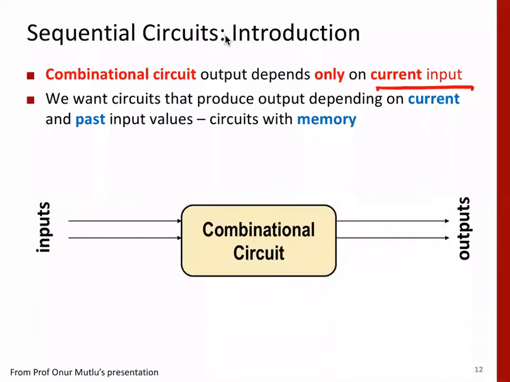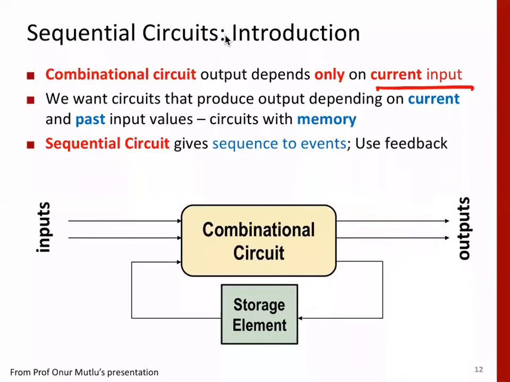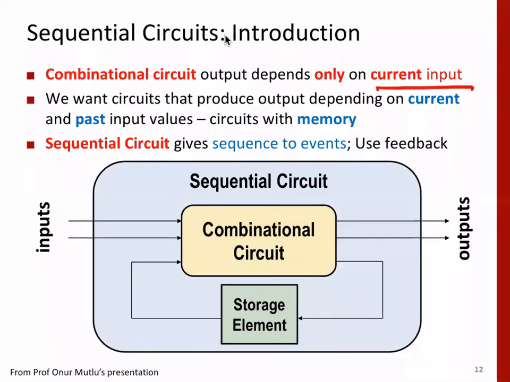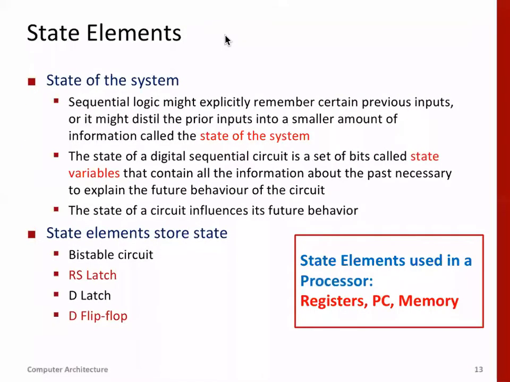It means that we are using a state machine where previous values are used in some way or other. The system has got to have some memory where this previous state information must be kept, and for that we have a storage element. So a combinational circuit plus a storage element forms a sequential circuit, which you would have already studied, right?